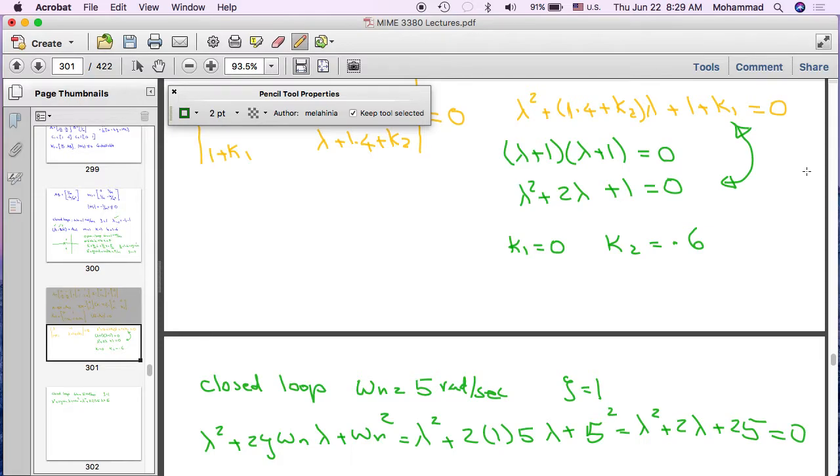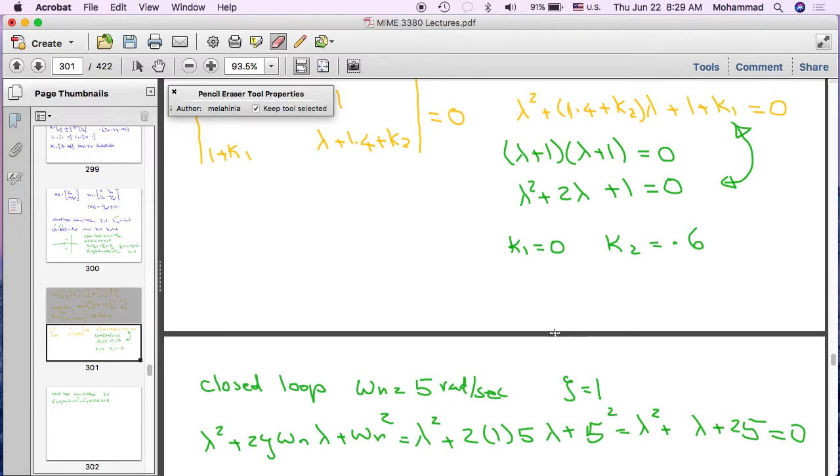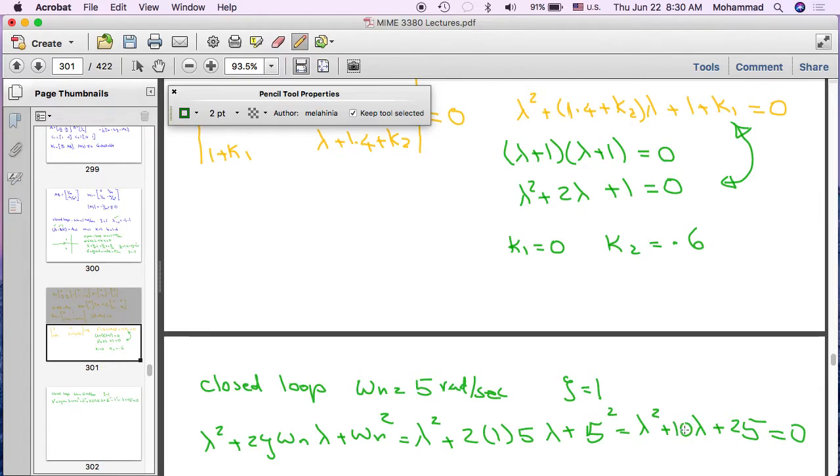So it should be 10 lambda. Yeah, I forgot to multiply it by 5. So this should be 10. Thank you, let me make that correction.